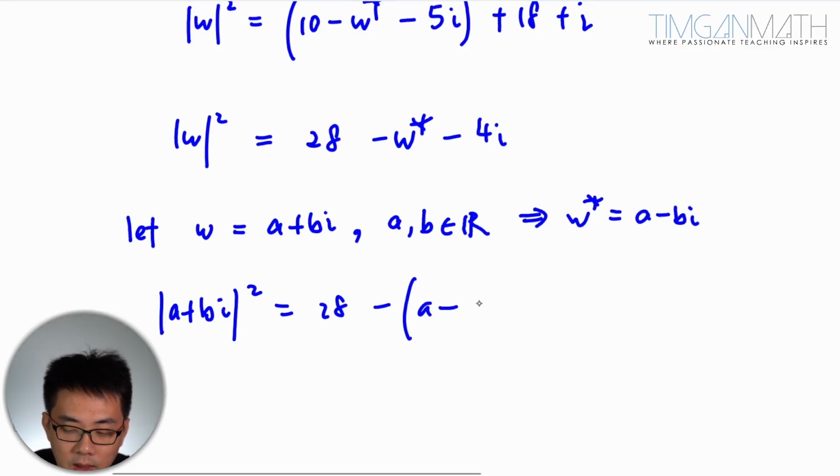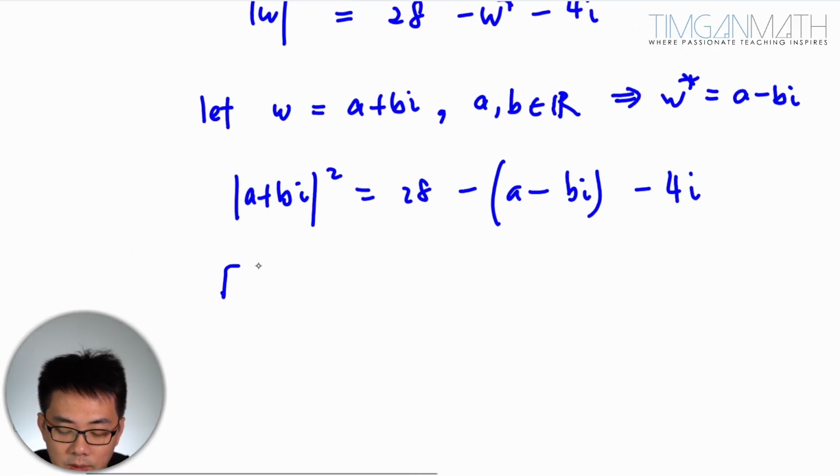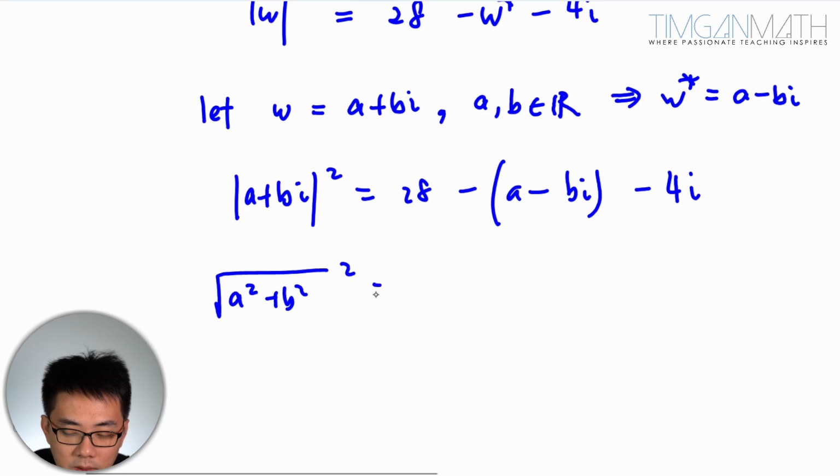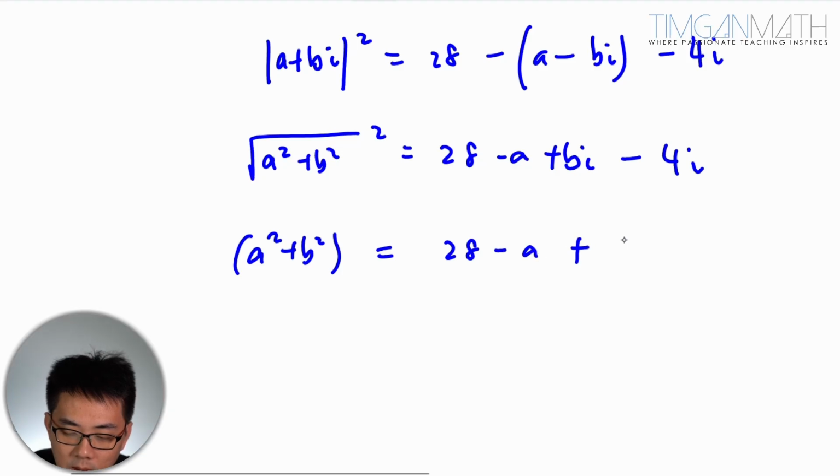Then expand: a squared plus b squared equals 28 minus a plus bi minus 4i, so a squared plus b squared equals 28 minus a plus b minus 4i.